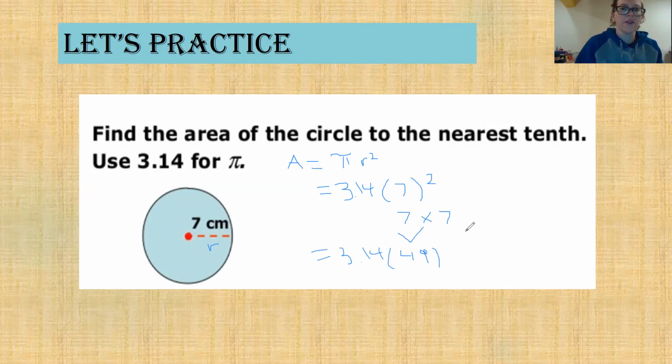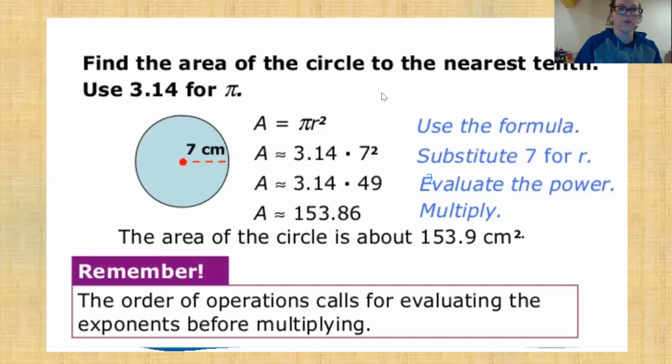All right, so go ahead if you have a calculator and multiply 3.14 times 49, and we'll see what we get. And then we're going to check our answer on the next screen. All right, so we're going to check.